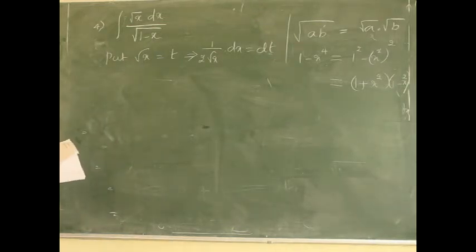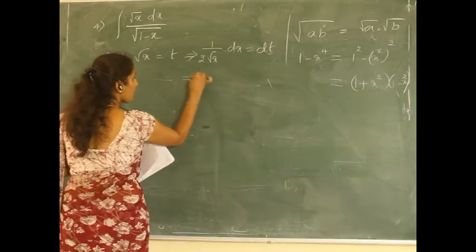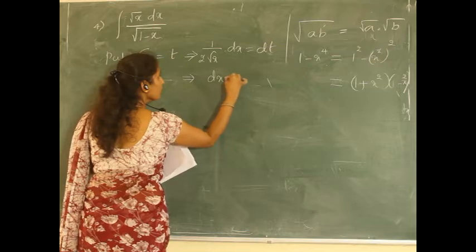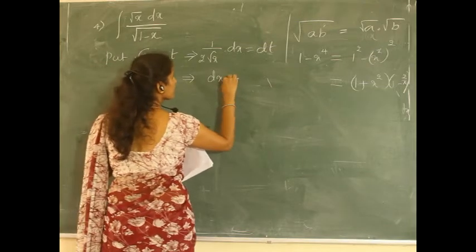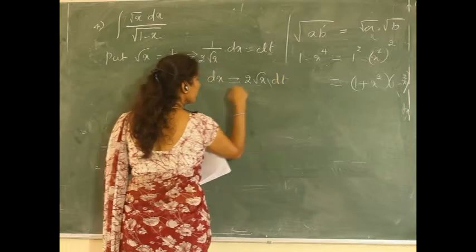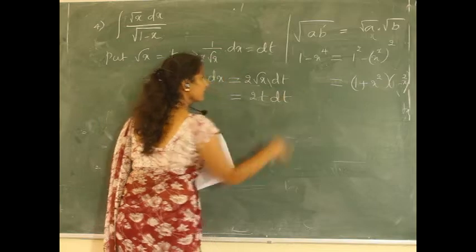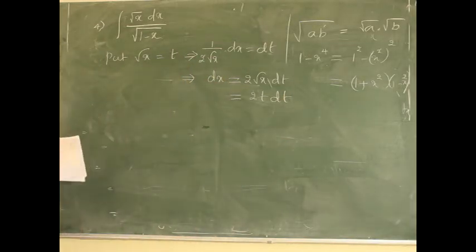So we wanted the value of dx. So dx is equal to 2 root x dt, but again it is equal to 2t dt.